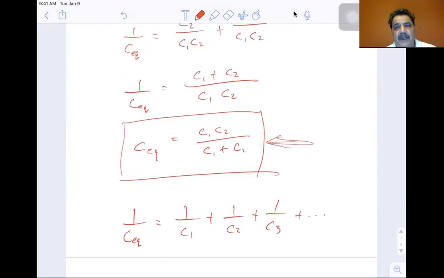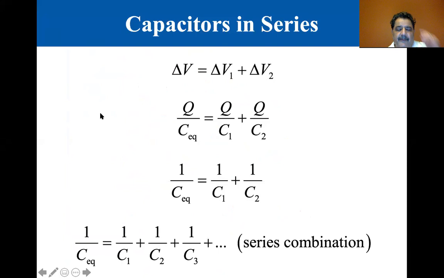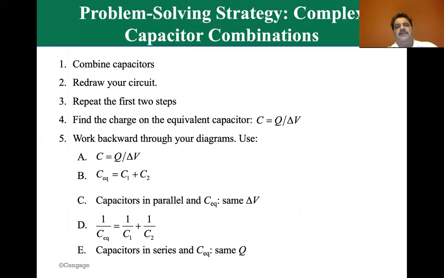Okay, let me go back to the PowerPoint. Here's a problem-solving strategy for complex capacitor combinations. You combine the capacitors. You redraw your circuit. You repeat the first two steps.